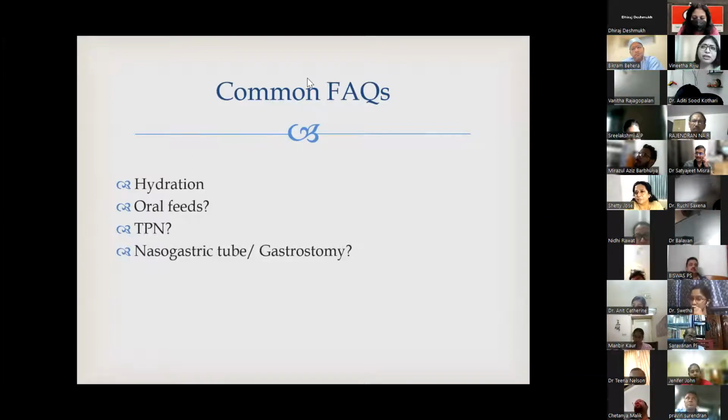You could give a pint of fluid or so, and then the rest of it could be managed with sips of fluid. At least some maintenance dose we can. Maybe a pint or two, a maintenance fluid.